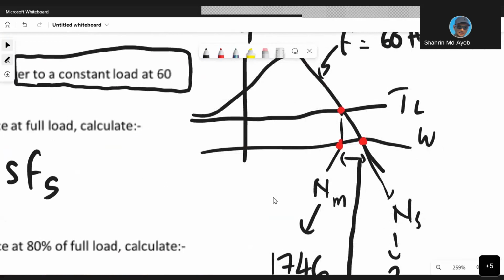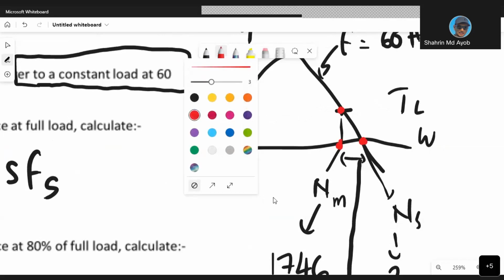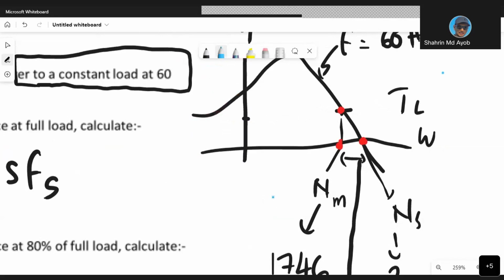So right now the load is reduced to 80% from its rated values. So this one is 100%. So how to obtain when your load is 80%? So meaning that it is reduced to 80%. Okay, so this is your 80% top load.